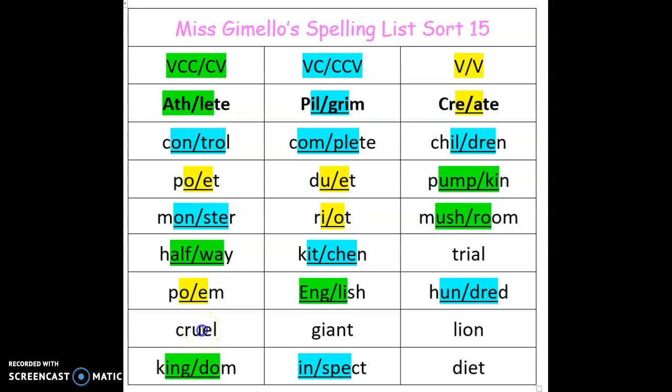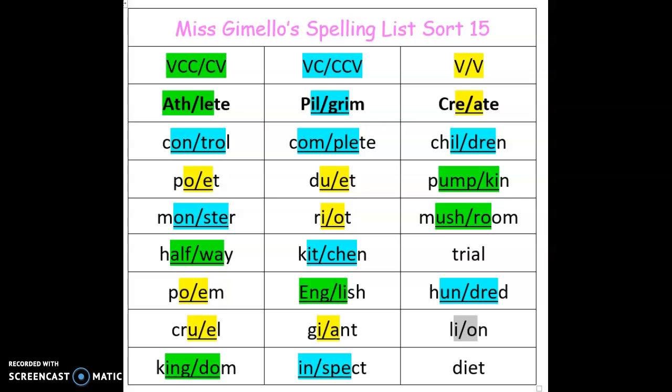Cruel. Splits right in the middle, vowel, split, vowel. Follows that pattern. Giant. Splits right in the middle with the vowel, split, vowel. Follows that pattern as well. And our last two, lion.